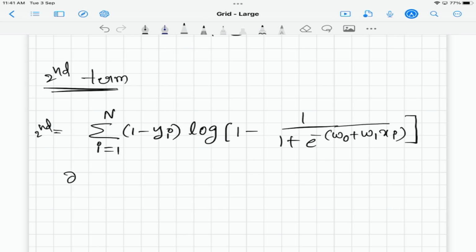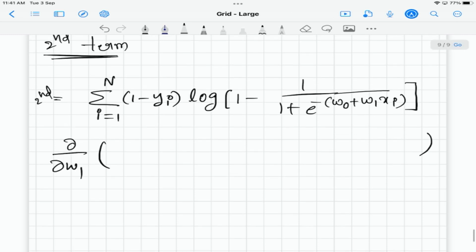Just apply derivative for this with respect to your w1. Can you do this and tell me what is the output? Again, here you have two terms.